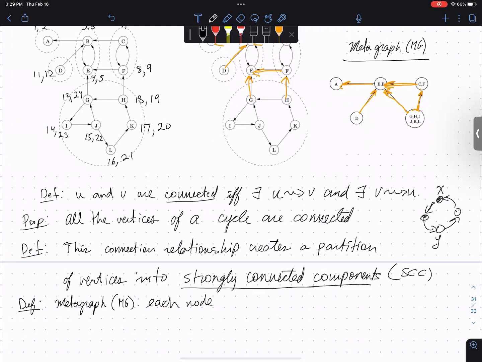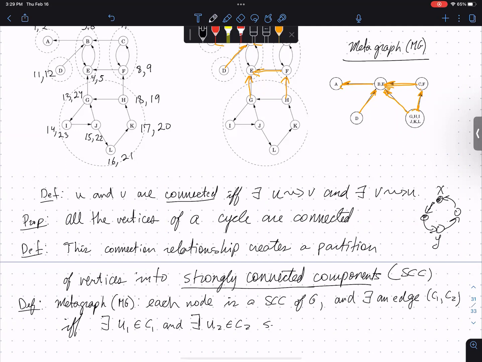Each node is a strongly connected component of G. And there exists an edge C1, C2 if and only if there exists a vertex U1 in C1 and a U2 in C2 such that U1, U2 is an edge in G.